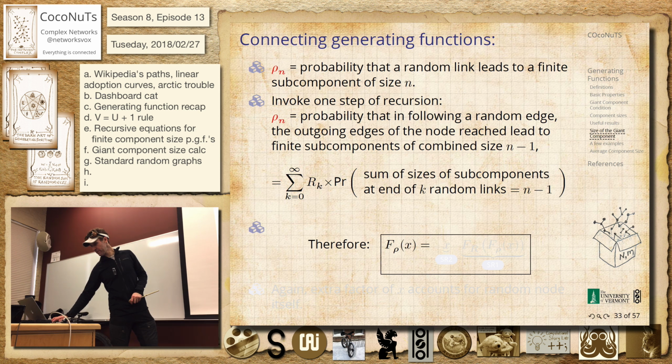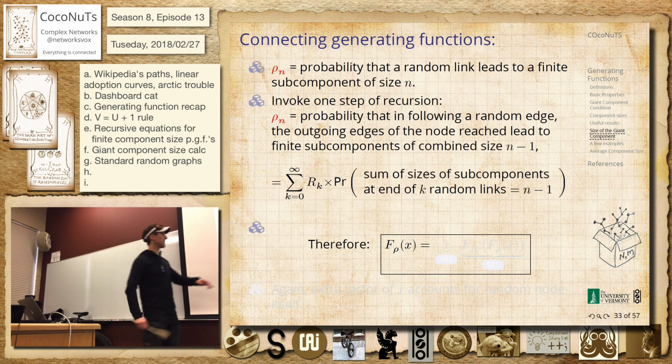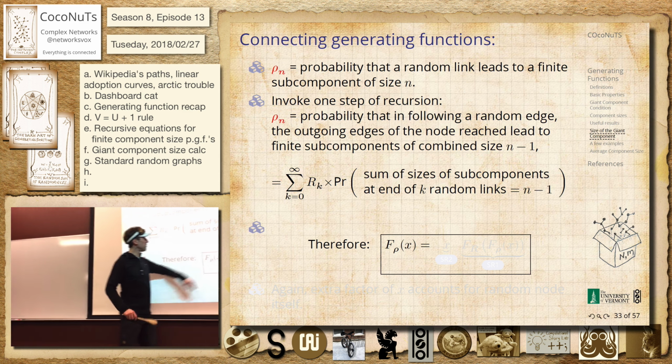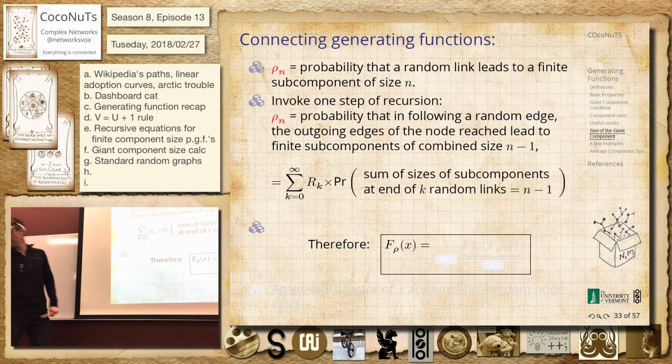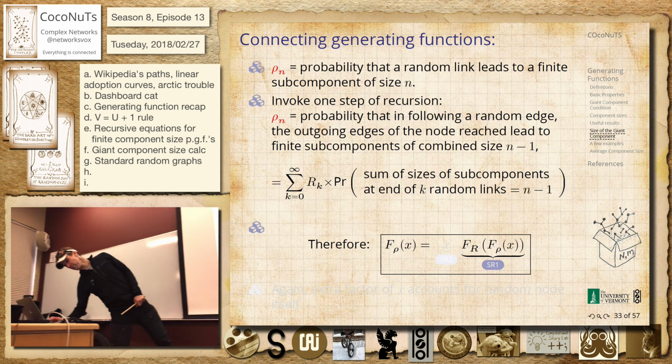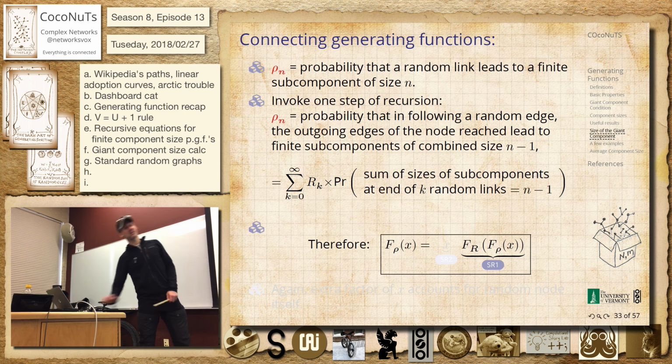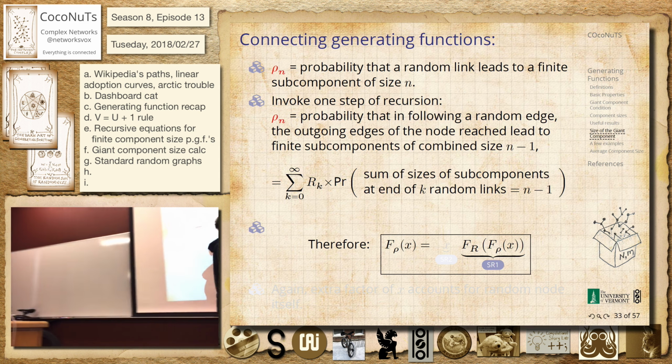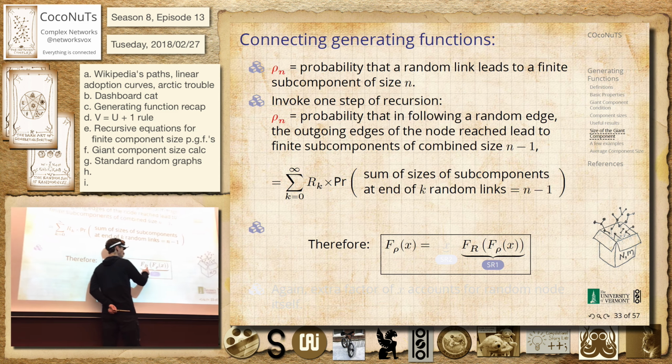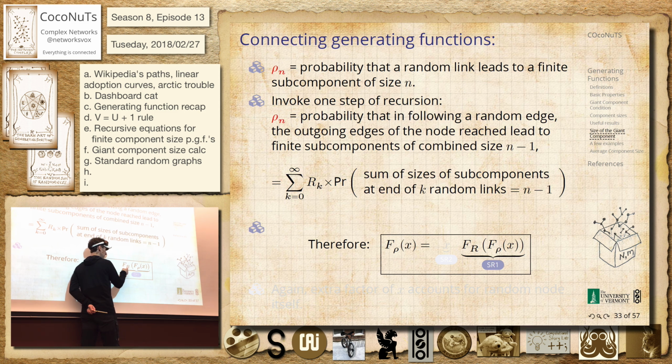All right. And then the generating function version of this. We're looking for the generating function for rho, the probability that we hit a node that's part of a finite subcomponent of size n. That's sneaky result 1. So we sample from this distribution the number of other friends a randomly accessed node along an edge has.